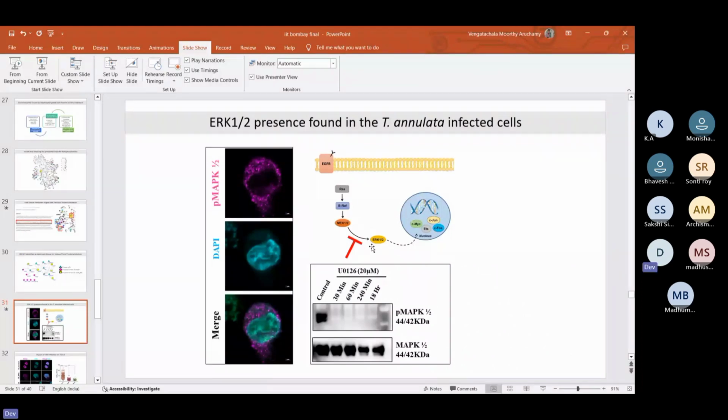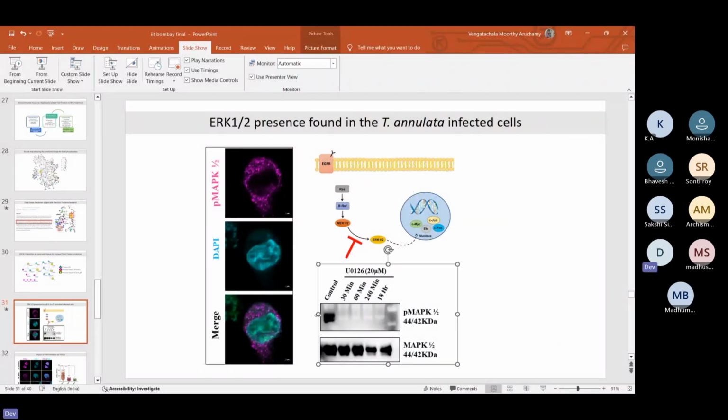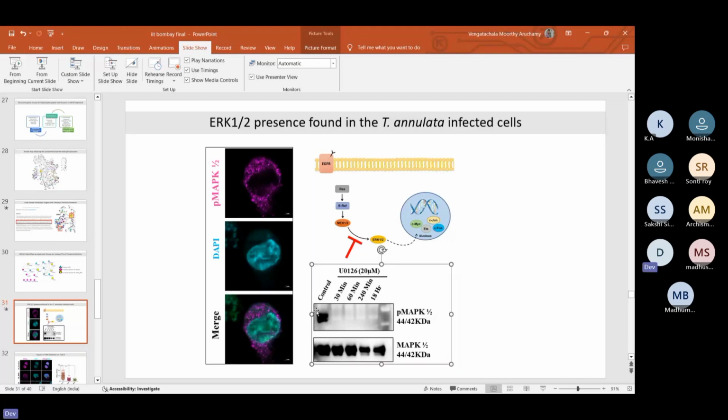So we use U0126 as the inhibitor, and we first followed up with a preliminary experiment to see how quickly U0126 works in our system. We have taken our control, that is Theileria infected samples, and treated our cells with U0126 at 20 micromolar for various time points. We collected the samples followed by a Western blot. So this is wild type MAPK and this is the phosphorylated MAPK.